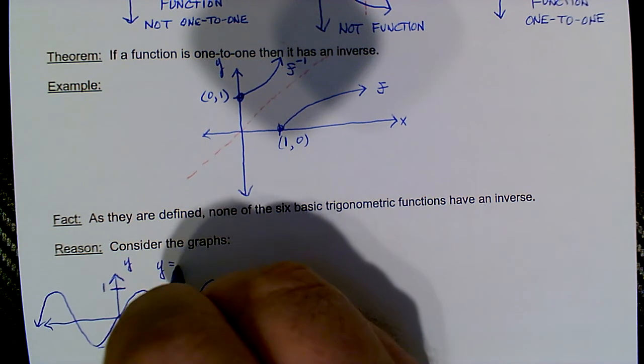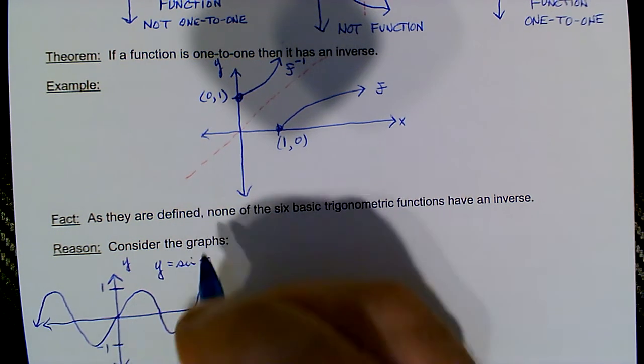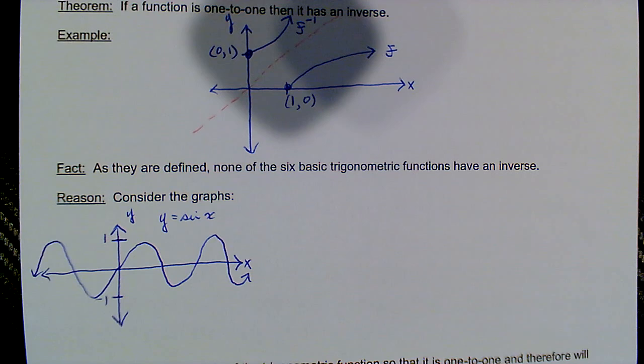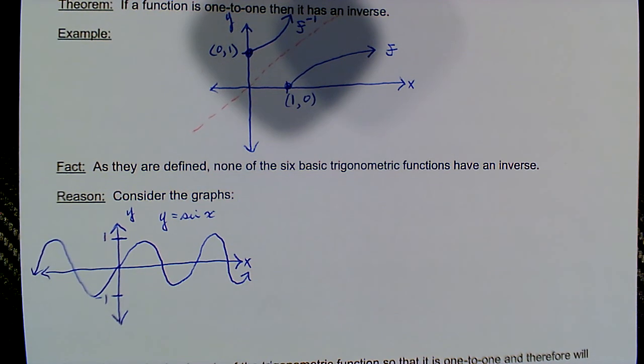So this is y equals sine of x. And the reason why it does not have an inverse is because it's not one-to-one.